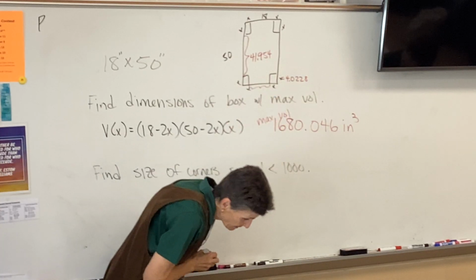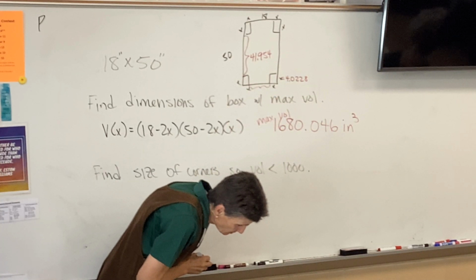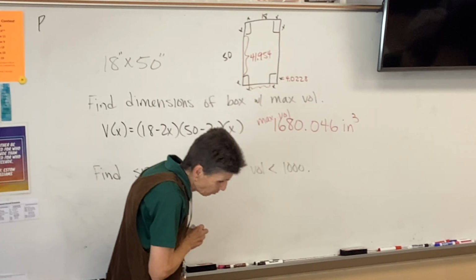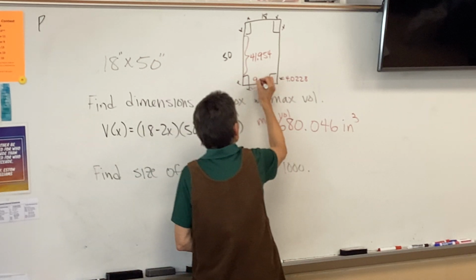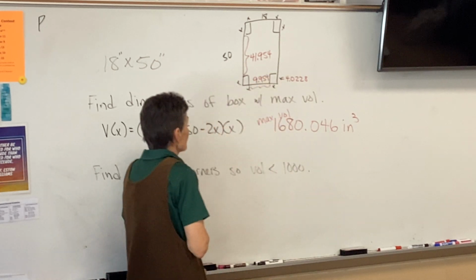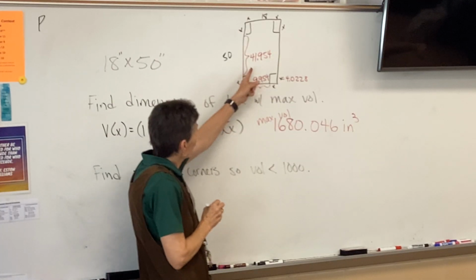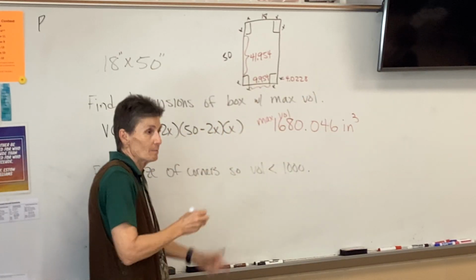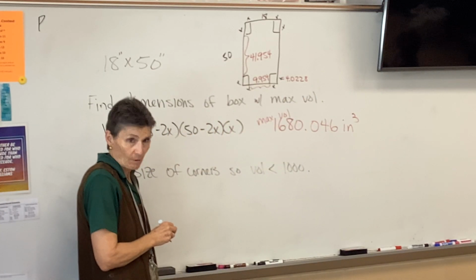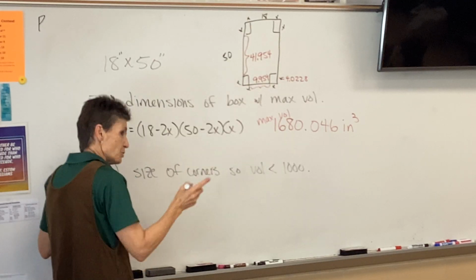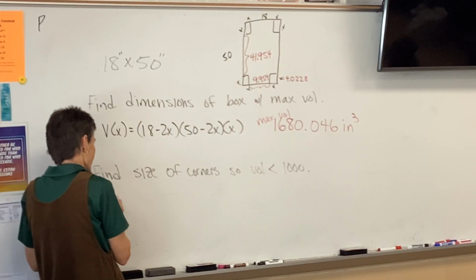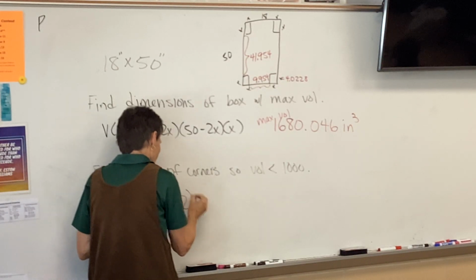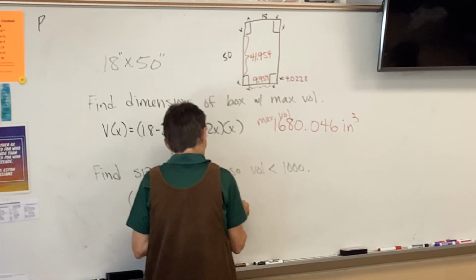I know I did it wrong. I have 9.954. So there are your dimensions: 41.954 by 9.954 by 4.023. Is that all right? And then what did you have for this one, Will? I had 0 to 1.392 and 7.019.